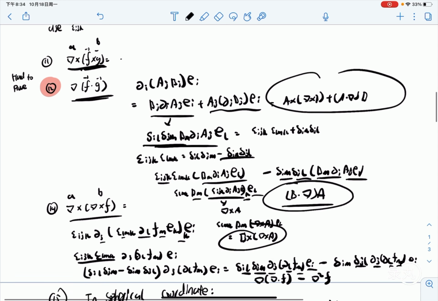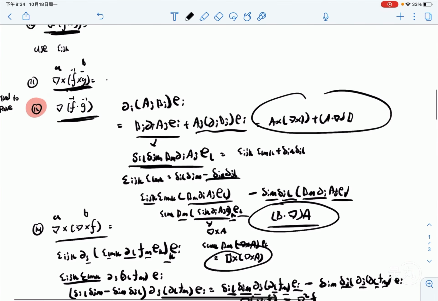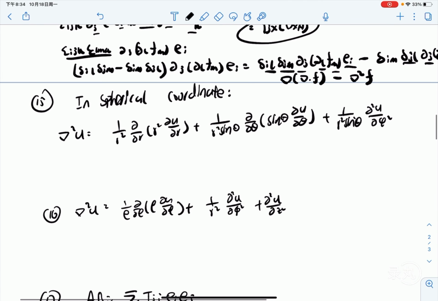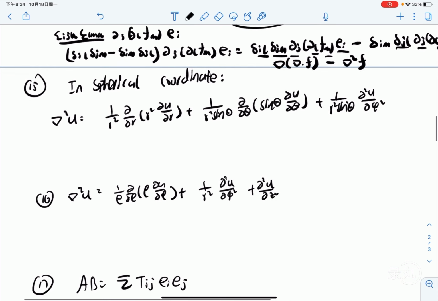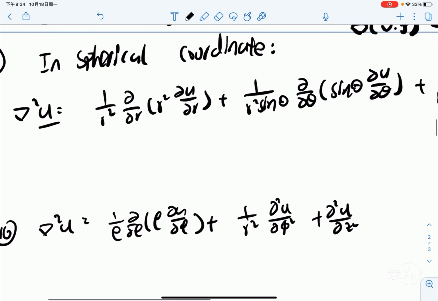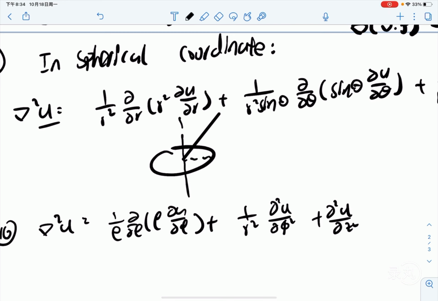Okay, we're done with the vector analysis part, and we're going to see the spherical coordinate stuff. And you just need to remember that the Laplacian of u is equal to this. Just remember this. And let me draw a graph. It'll be more clear. For R is just like, so how long is this stuff?